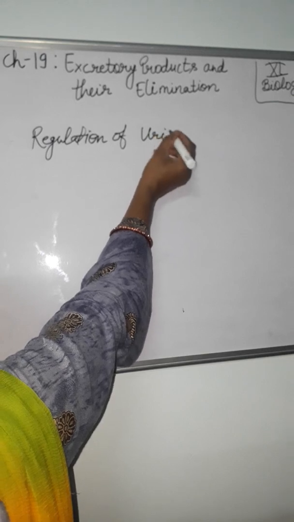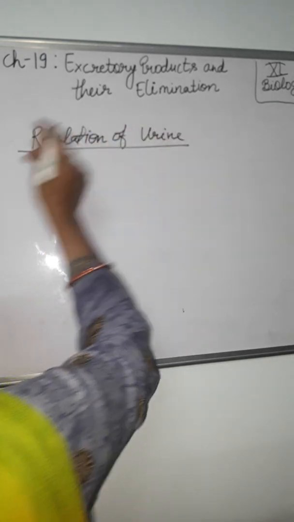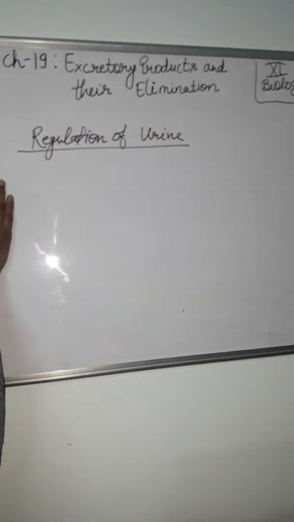Human urine flow can vary from 10 to 1000 ml per hour. About 85% of water is withdrawn in the proximal PCT tubule as a consequence of salt and water reabsorption.